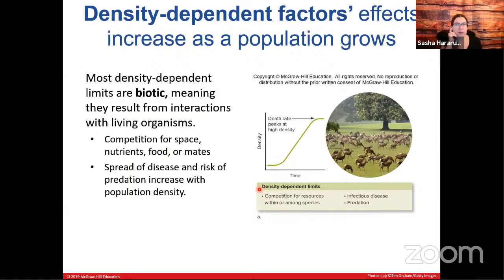If we go back to animal populations, we also can think about spread of disease as one of the density dependent factors that affects population size. Diseases spread more easily when individuals are more densely spread within the population. So the higher the number of individuals per unit of space, the higher the rate of spread of diseases.